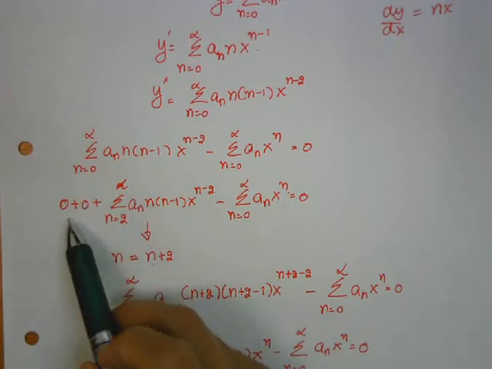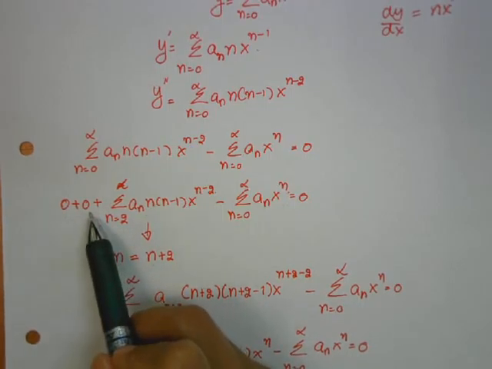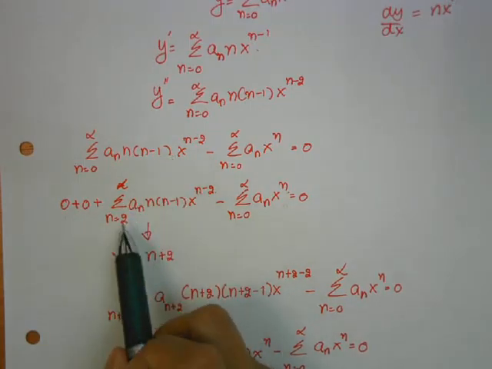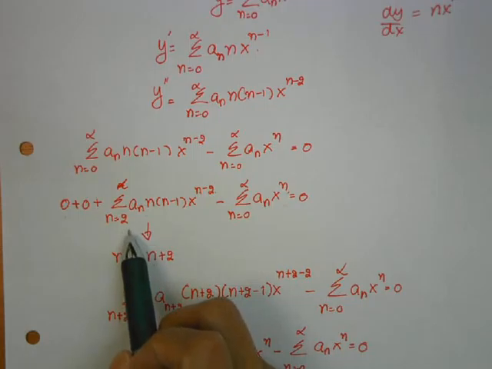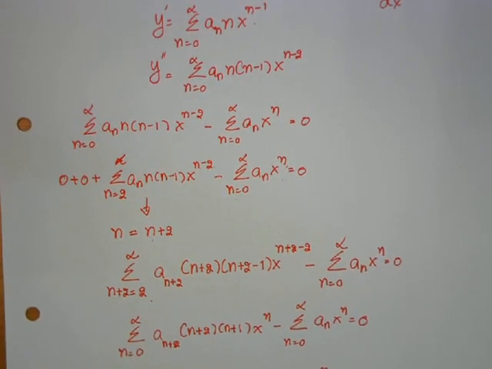Because n equal to 0, I got 0. n equal to 1, I got 0. But n equal to 2, I don't get 0. So now my summation is starting from 2 to infinity. And next, what I'm going to do is called a shift of the index of summation.